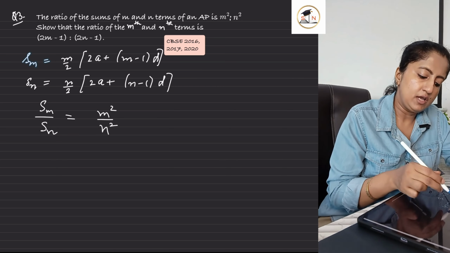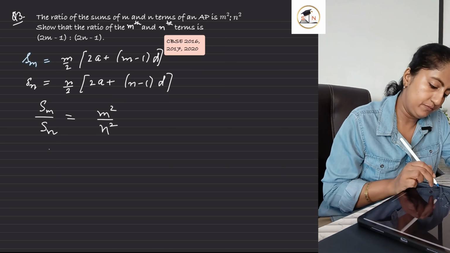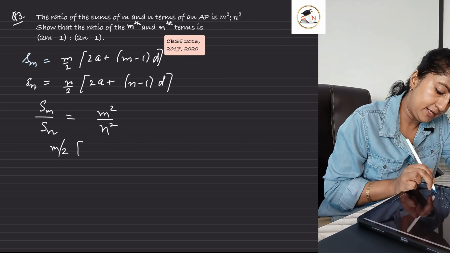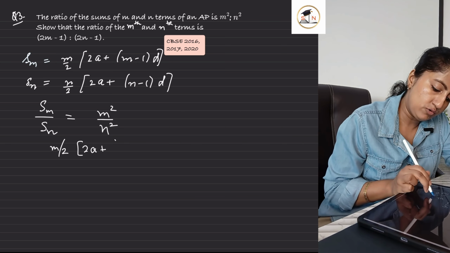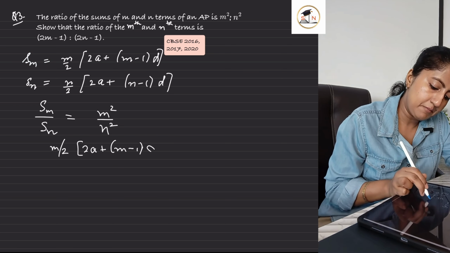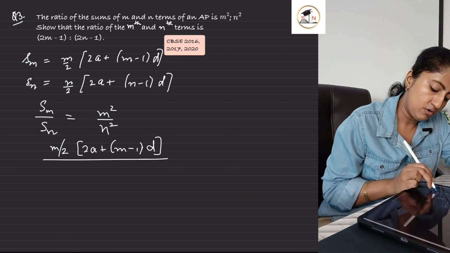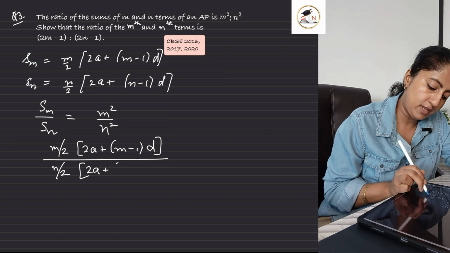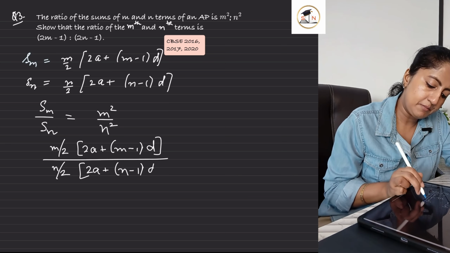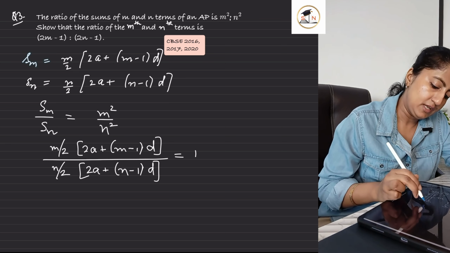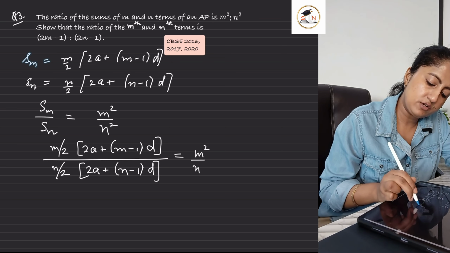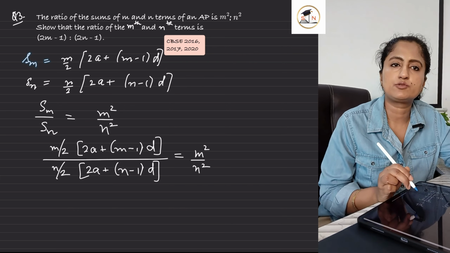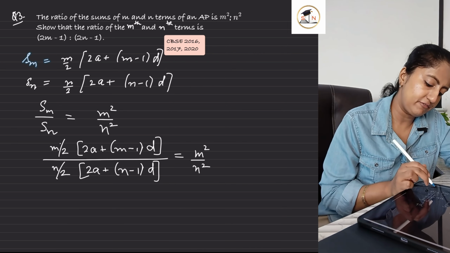So let's now bring the expansions in the ratio. So we have m by 2 times 2a plus m minus 1 times d whole over n by 2 times 2a plus n minus 1 times d equals m square over n square. This is what we get. Now we will start simplifying.